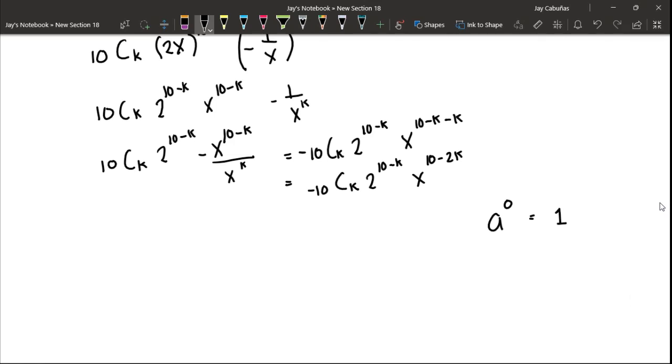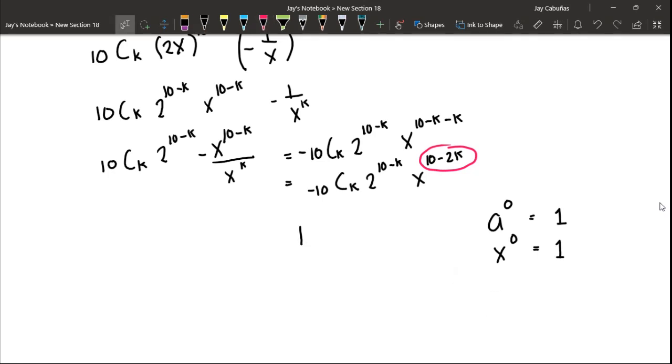So we need to have an exponent of 0 so that x here will be converted to the constant 1. Okay, so how are we going to do that? Now take note, x here has an exponent of 10 minus 2k, and this 10 minus 2k should be equal to 0, so that our x here would have a 0 exponent.